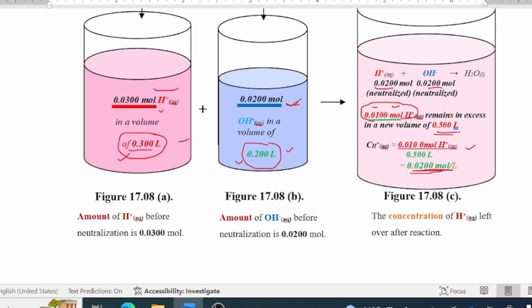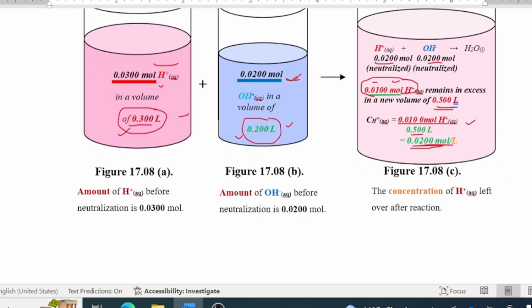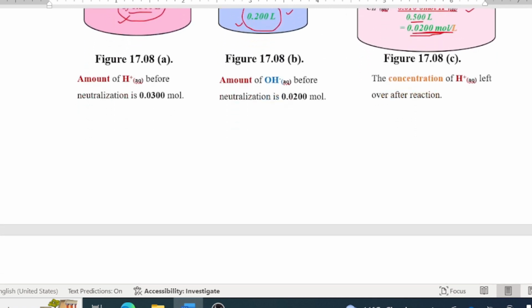So the new concentration of the leftover hydrogen ions will be equal to its amount in moles divided by the volume there, and you get this. Now that we know the concentration there, that can lead us to finding its pH.